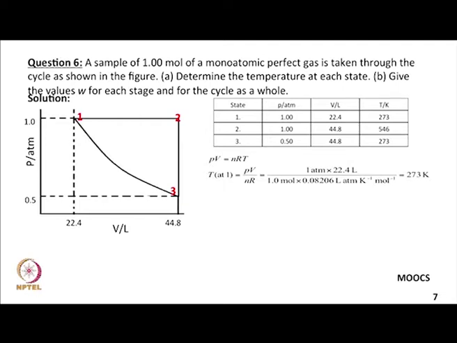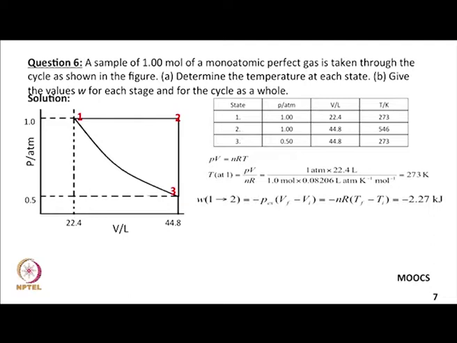Now, talk about process 1 to 2. 1 to 2 is a constant pressure process, irreversible change. So, the formula to be used is minus P external into Vf minus Vi.